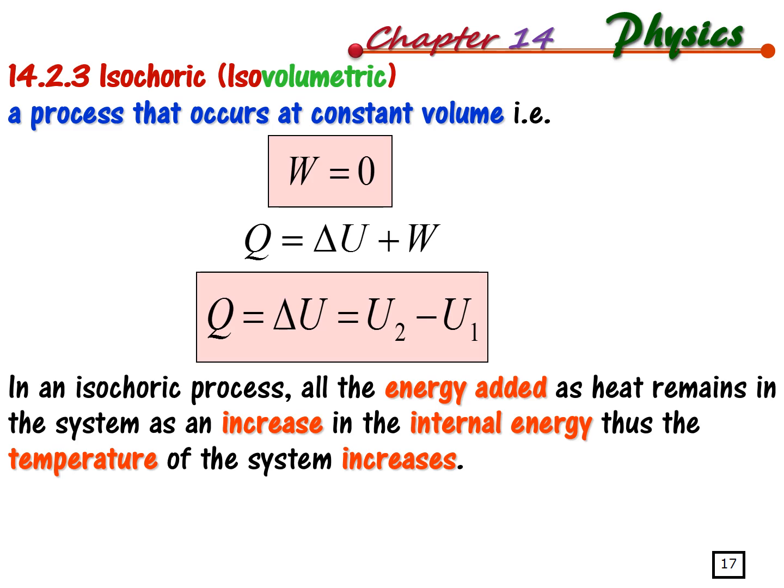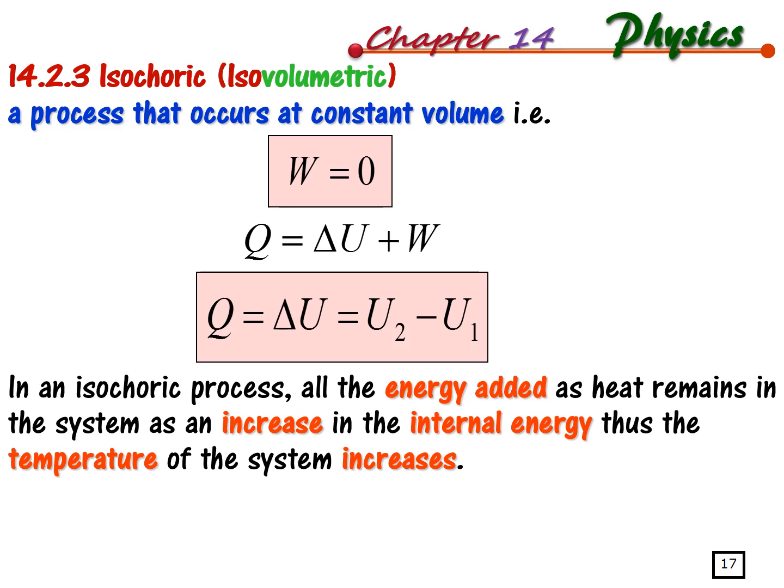So Q here is a factor that will increase or decrease the internal energy of the system. It depends on Q. If Q is positive, delta U will also be positive, and then the internal energy and the temperature will increase, and vice versa.